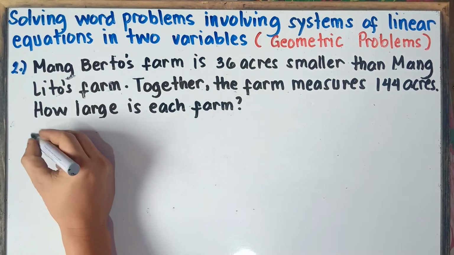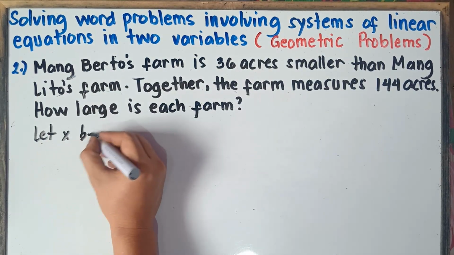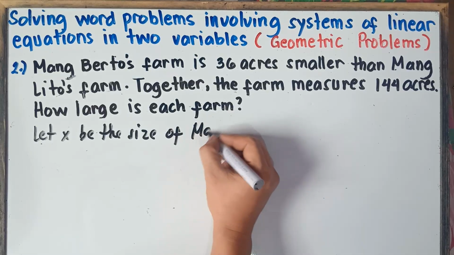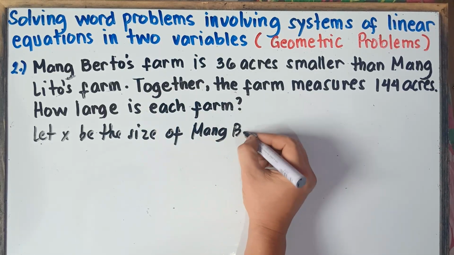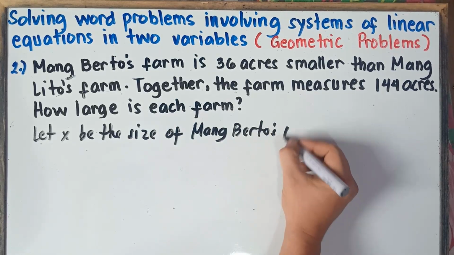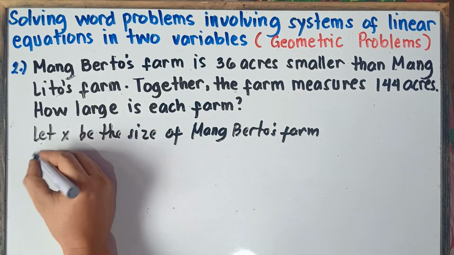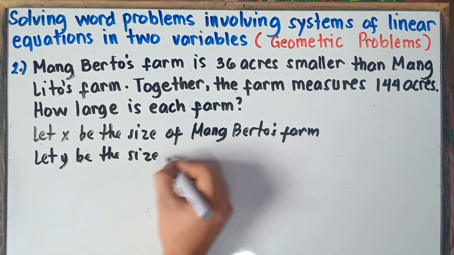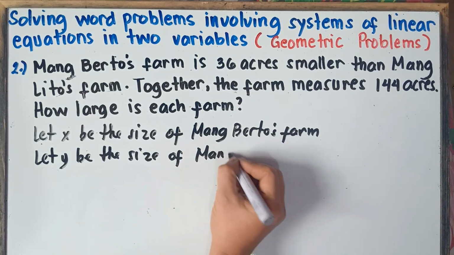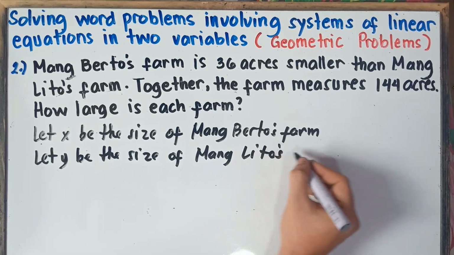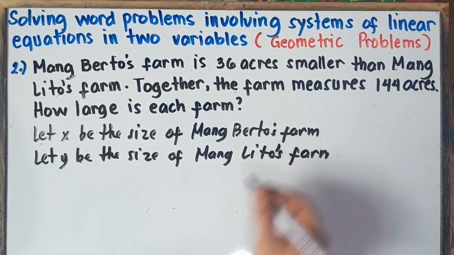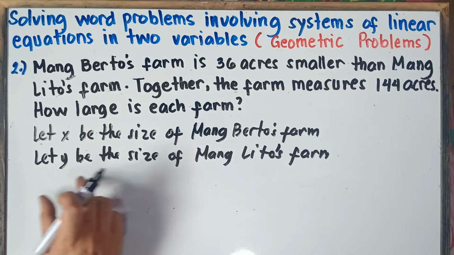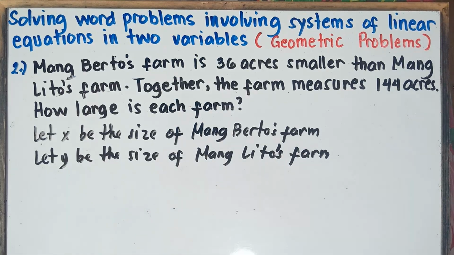So let's have this one: let X be the size of Mang Berto's farm, and let Y be the size of Mang Lito's farm.